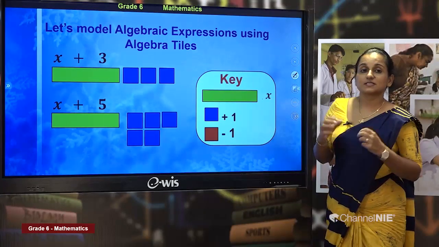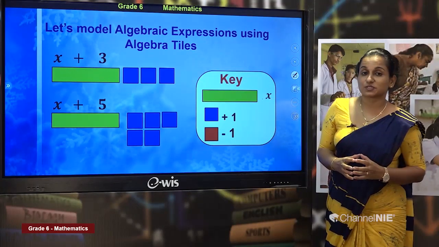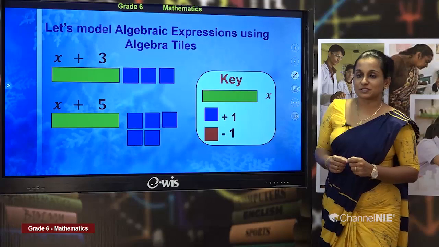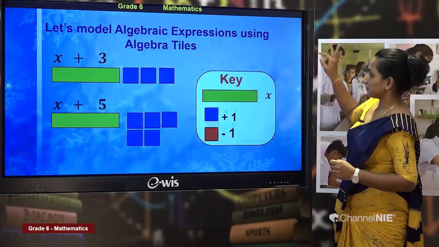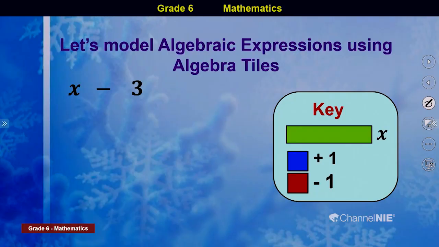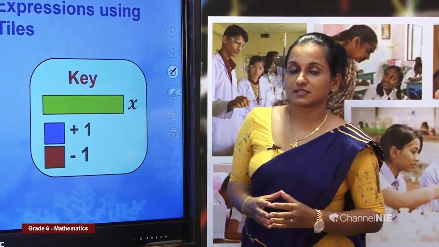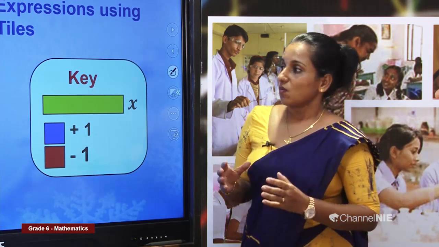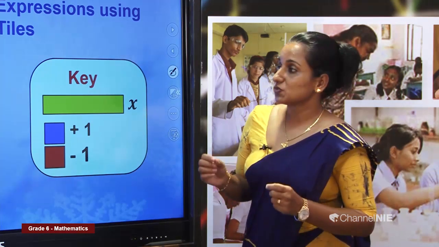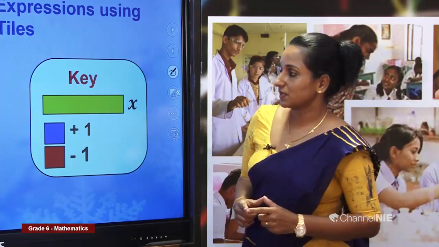Let's model some more algebraic expressions using algebra tiles. Here I have x minus 3. I want to model x minus 3 using algebra tiles. What should I use to model x here?